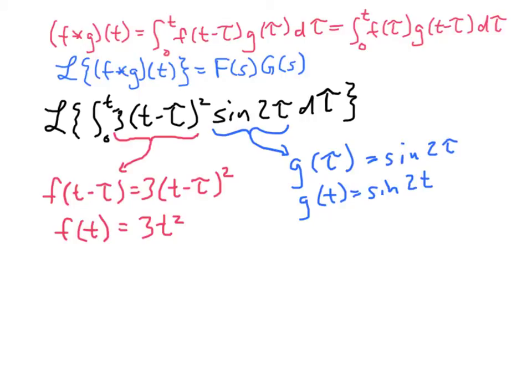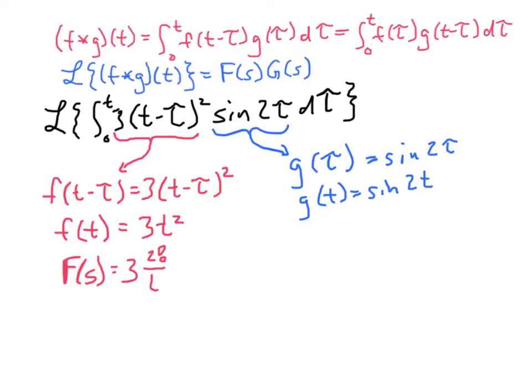So looking at little f of t, the Laplace transform, we'll have a 3, of course, and then the Laplace transform of t squared is 2 factorial over, excuse me, that's not t, that would be s.